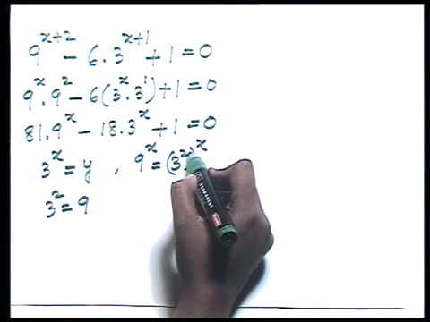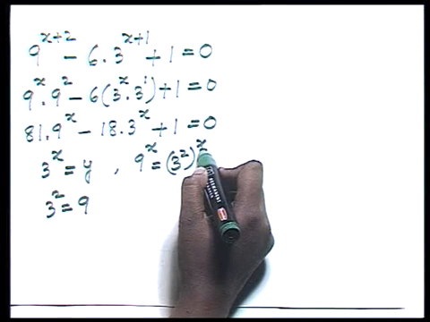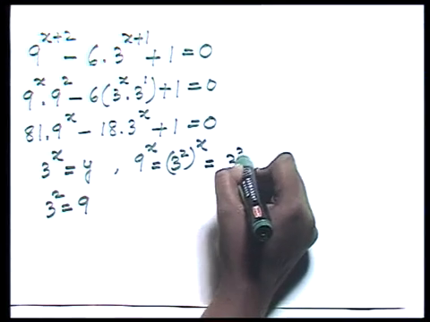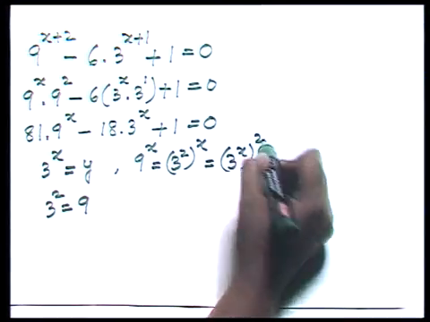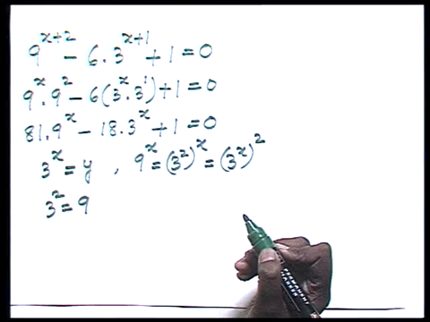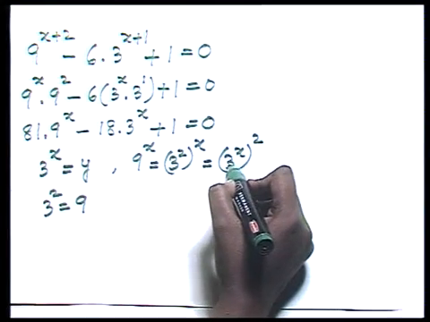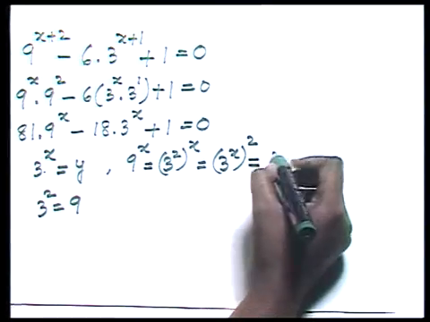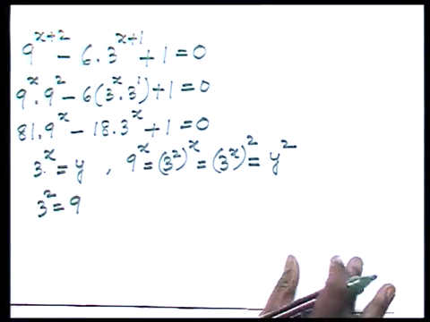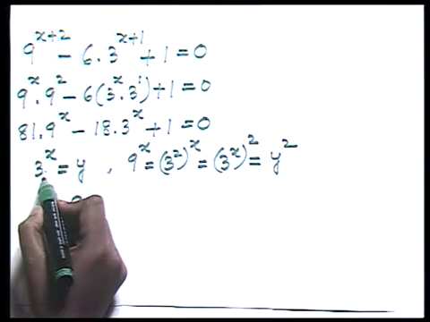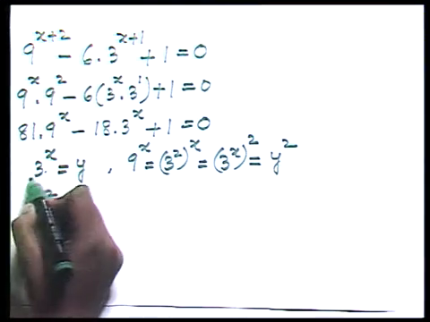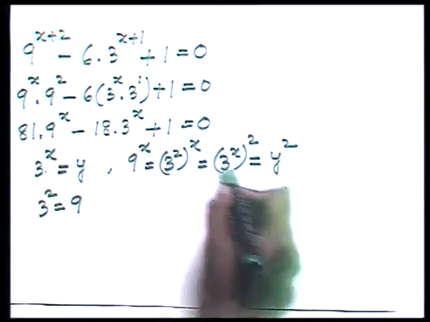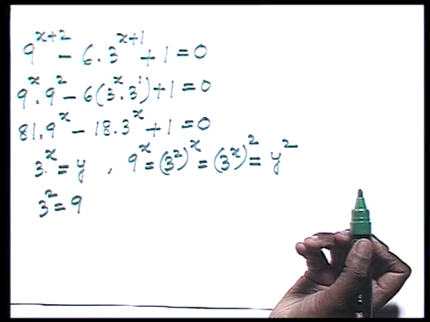Now since in real numbers multiplication is commutative, I can write this as 3 raised to the power x whole raised to the power of 2. And since 3 raised to the power x is y, this expression can be written as y square. Thus we find that if we substitute 3 raised to the power x as y, then 9 raised to the power x can be written as y square.